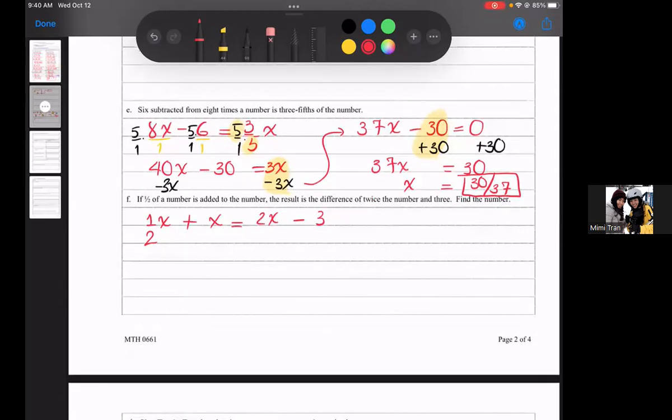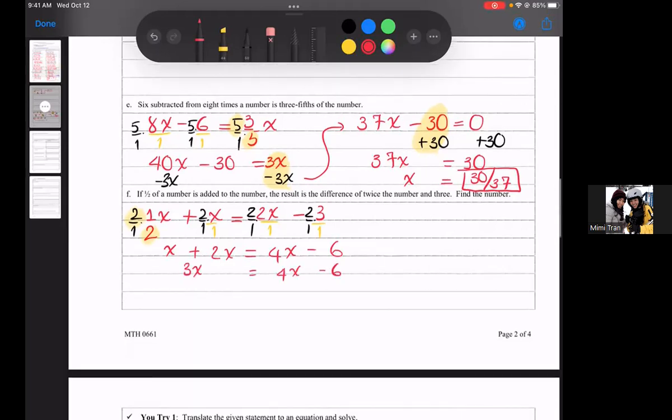LCD. 2, right? 2. So everybody multiply by 2. 2/1, 2/1, 2/1, 2/1. That cancels. So I have x plus 2x equals 4x minus 6. Combine like terms on the left, x plus 2x is 3x equals 4x minus 6.